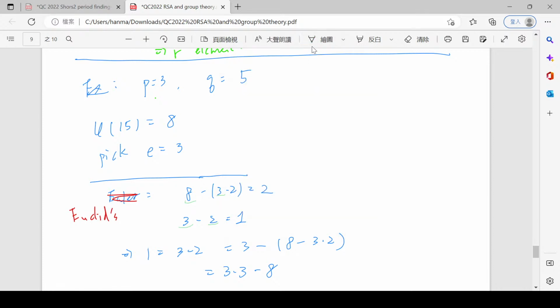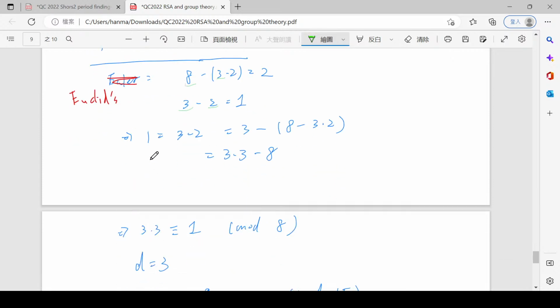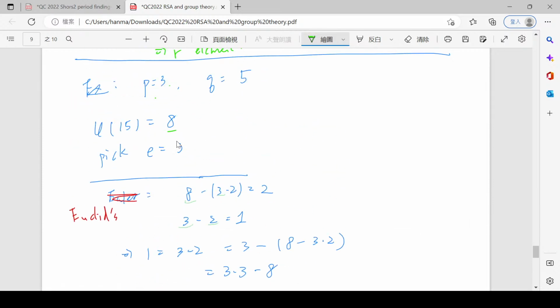So we have our favorite P and Q equal to 3 and 5. And the order of the multiplication group is 8, because 2 times 4 equals 8. And we pick a number that's coprime to 8, and let's say it's 3.